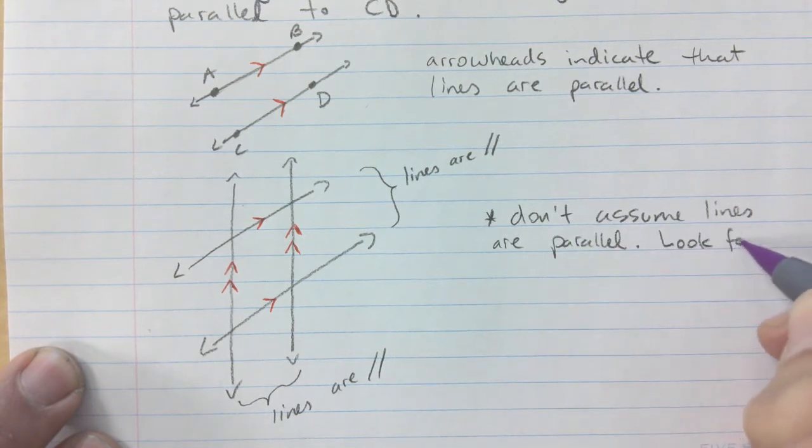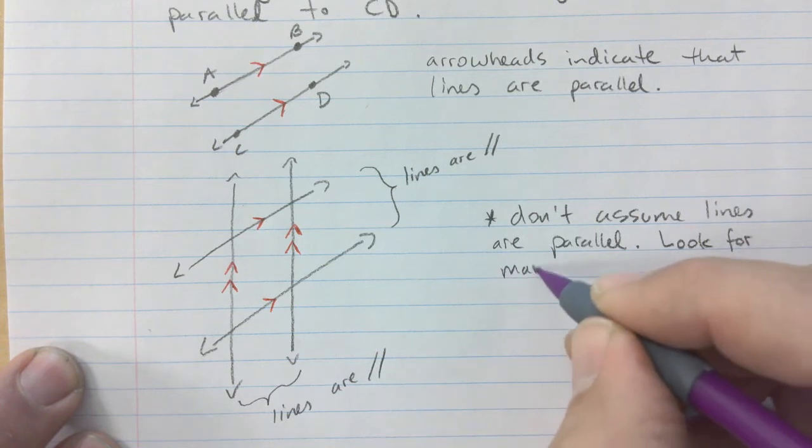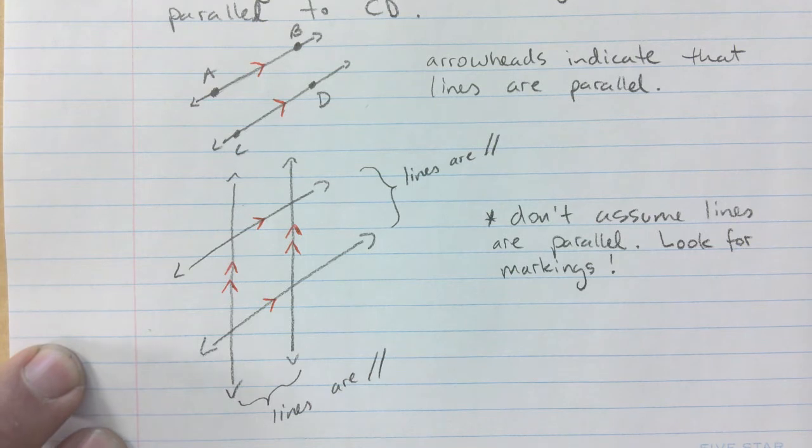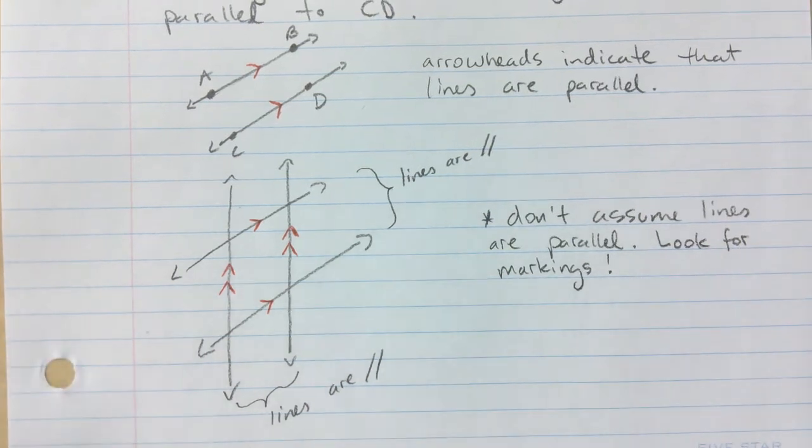Look for markings. Some students say, oh, they kind of look parallel, so I'm just going to go ahead and say that they're parallel. That's not true. You have to look for the markings for that to be accurate.